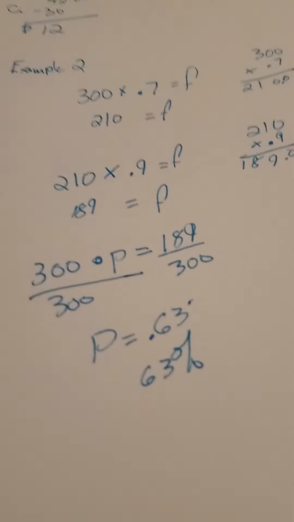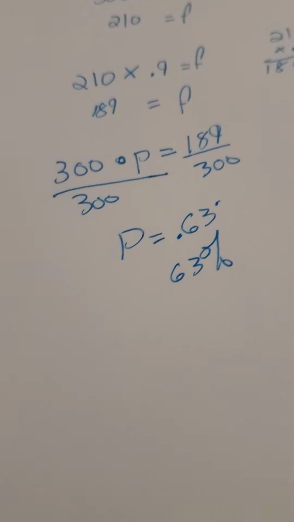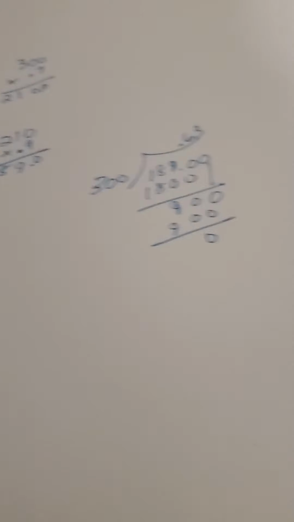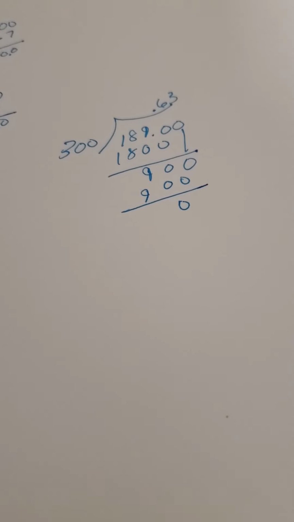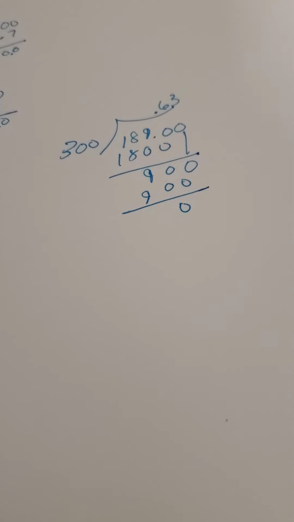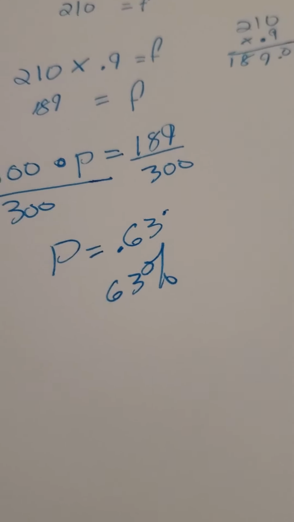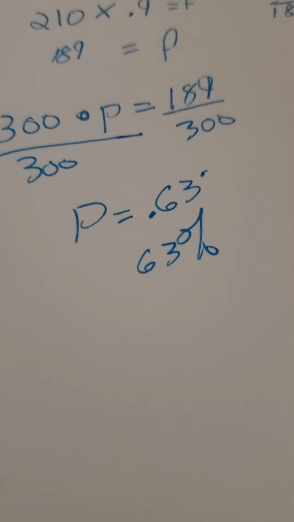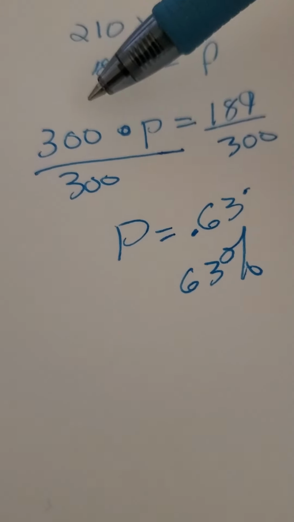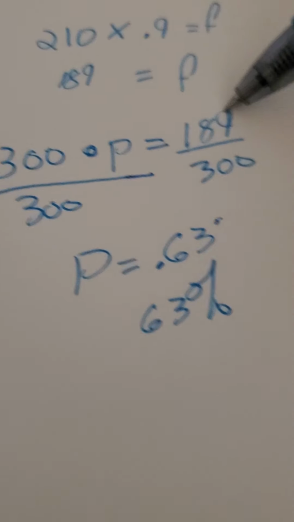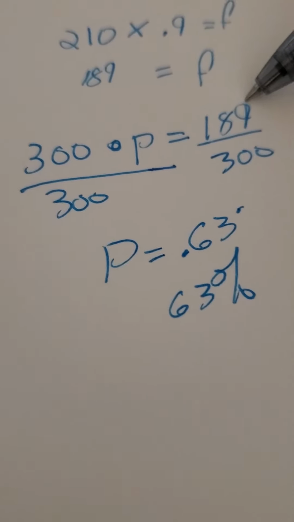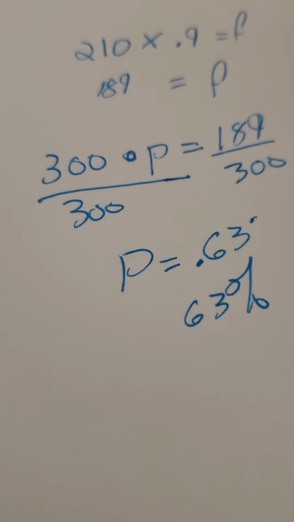Okay, so if you completed the problem, you should have divided by the 300 on both sides. Move the decimal point over 2 places, that makes sense, and you get 0.63 or 63%. So that means that this number, 189, is 63% of 300.